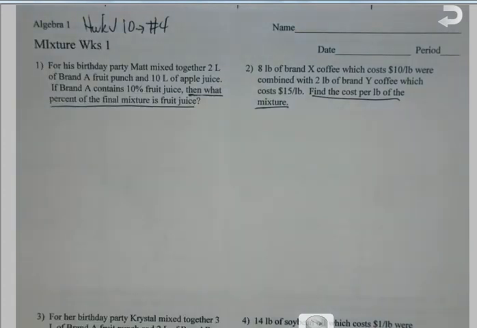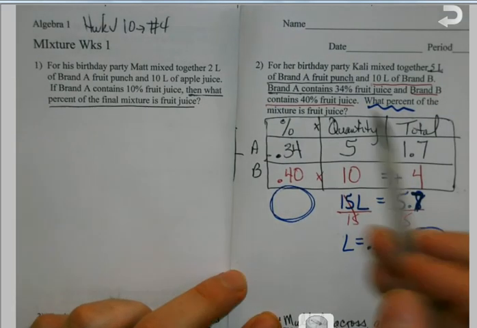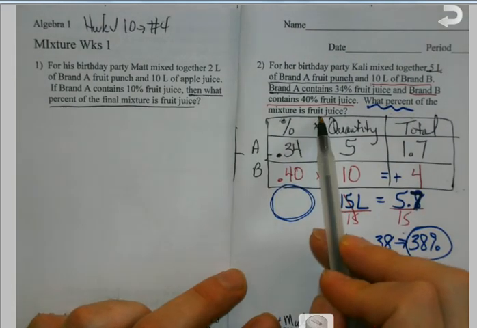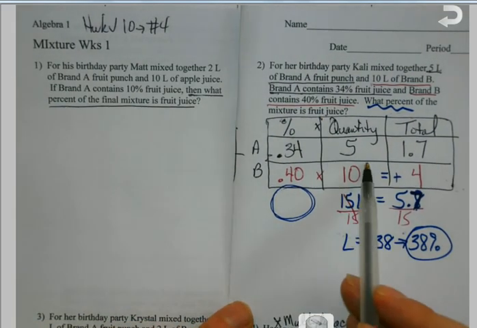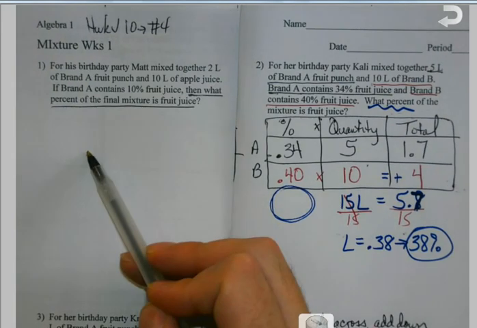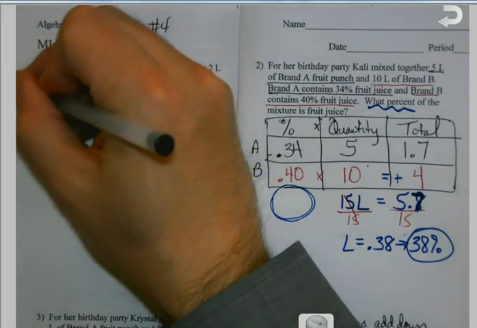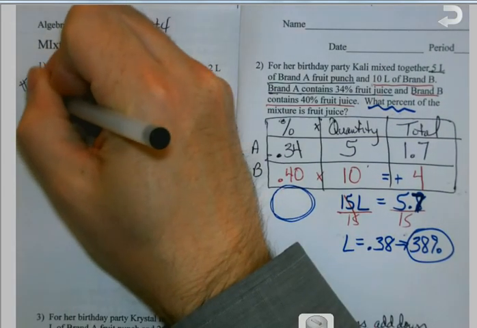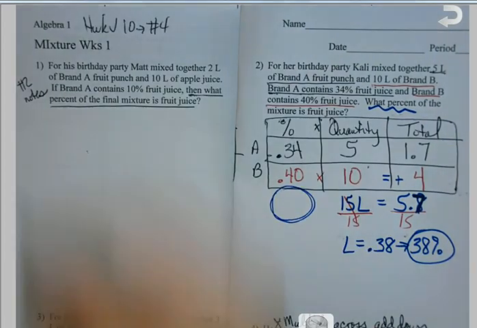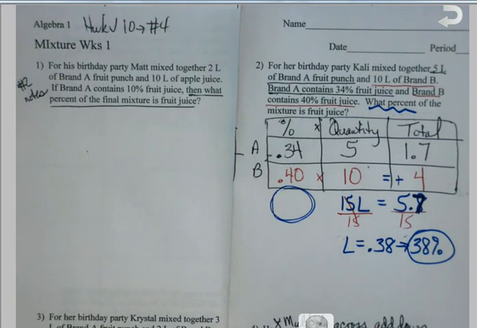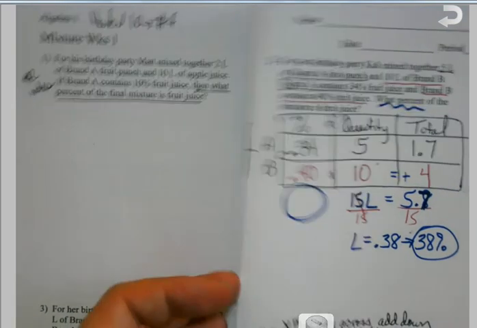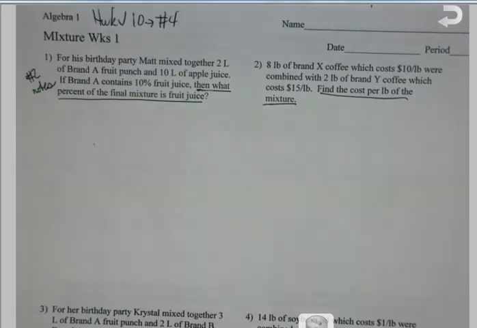And then you look back at number 2 from the notes, and you say, oh, what percent of the mixture is fruit juice? Okay. And so you can say, oh, this is going to set up the same way number 1 is. So even if you just put a little note on there like, okay, this is going to be like number 2 on the notes, just so you know how the setup's going to work and how you're going to work your answer.